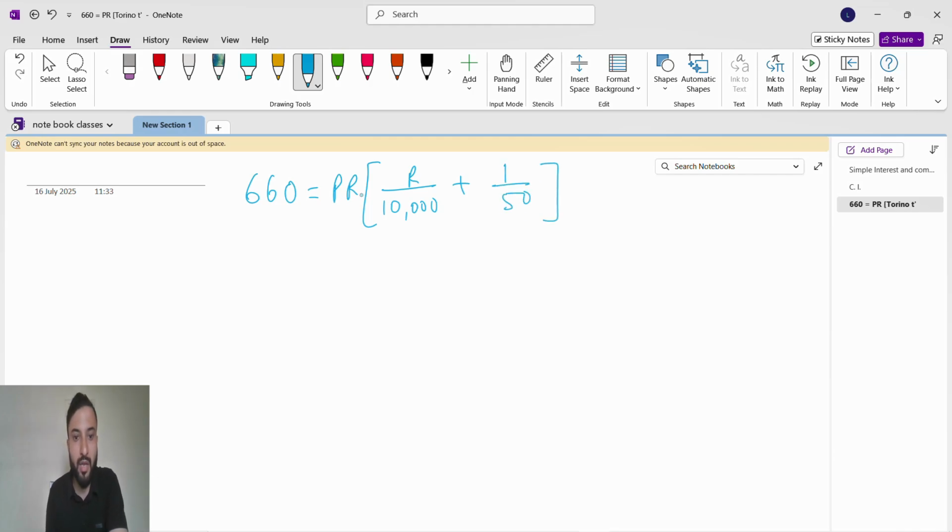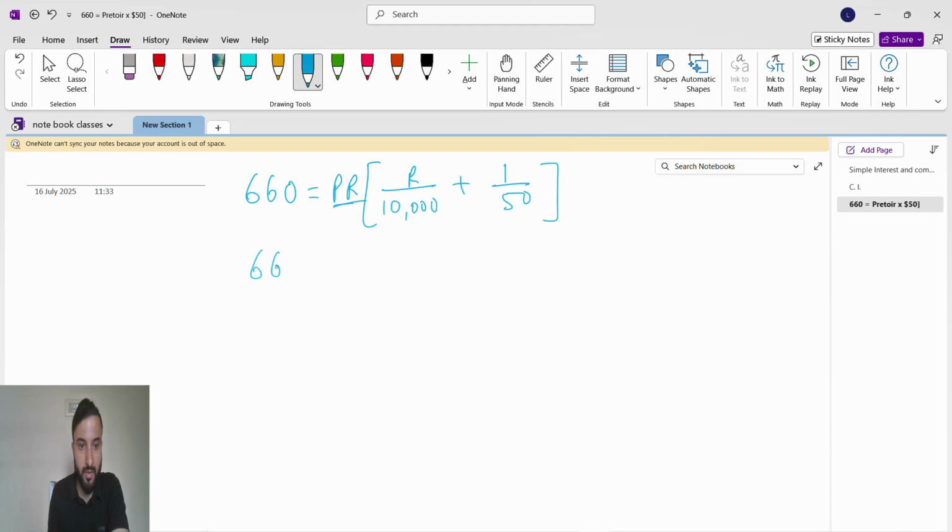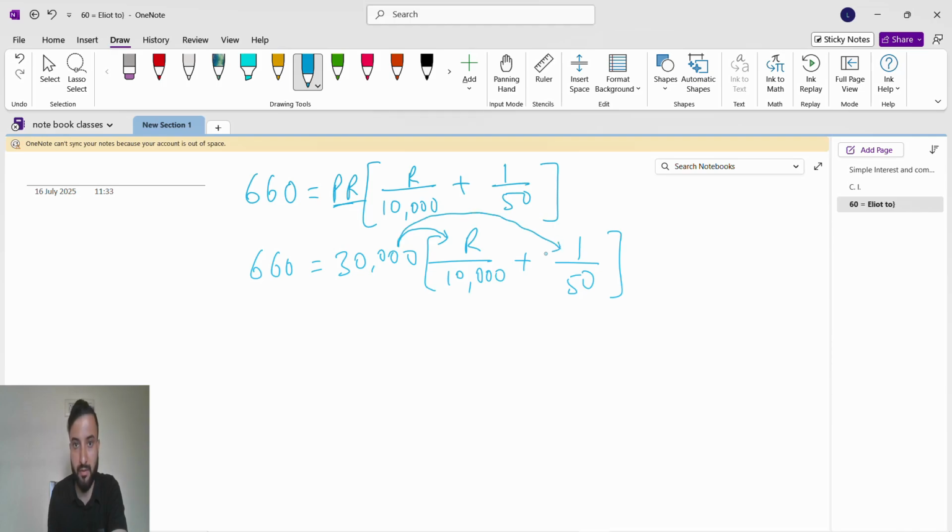Now here we can use PR. What is the value of PR? PR value is 30,000. So we write 660 equals 30,000 into R by 10,000 plus 1 by 50. Now I will multiply 30,000 with this, and 30,000 with this.